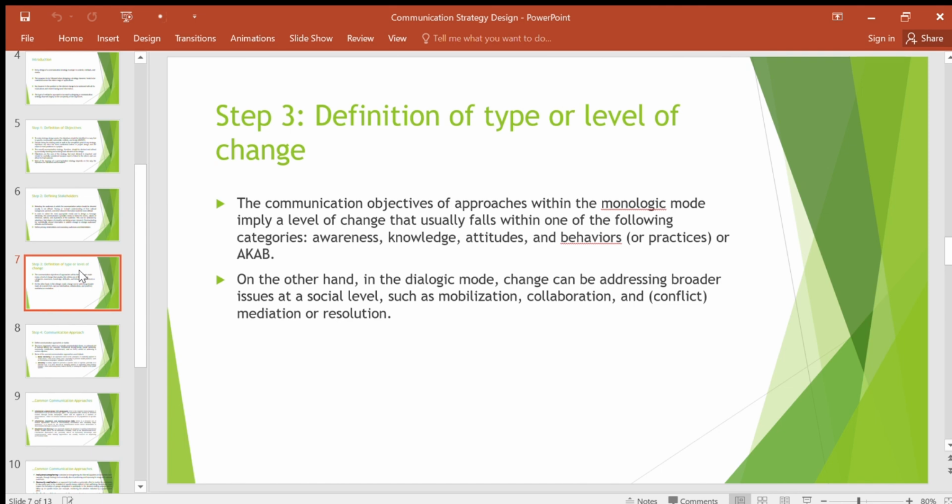It cannot fall into awareness, knowledge. But for dialogic, it is broader, it cannot be categorized into something. It can be mobilization, mediation, conflict, so on and so forth.